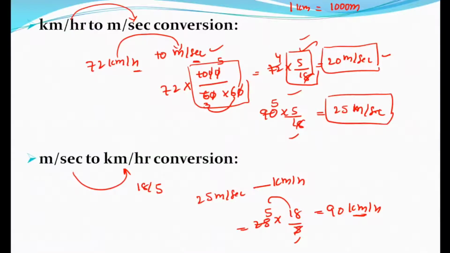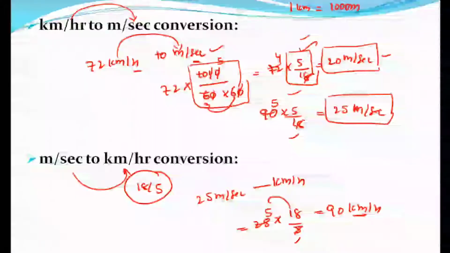So don't write 60 into 60 by 1000, directly we are using 18 by 5. These are the conversions, guys. Kilometer per hour to meter per second, we are using 5 by 18. Meter per second to kilometer per hour, we are using 18 by 5.